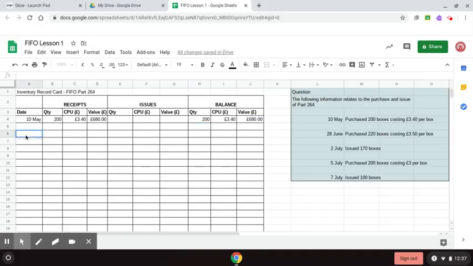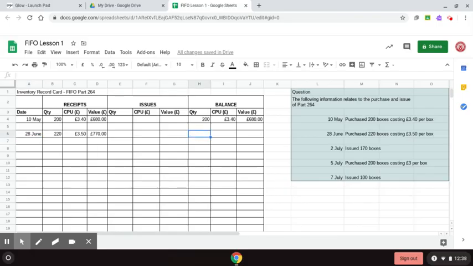Second transaction was on the 28th of June. We had 220 boxes at £3.50. So just similar to the first transaction, you'll just multiply, this time is B6 star C6. So we've got 220 boxes at £3.50 is £770.